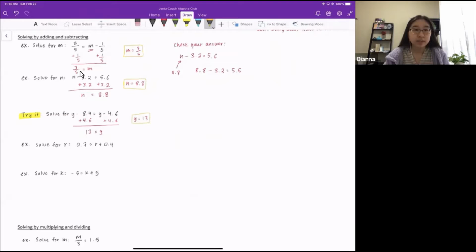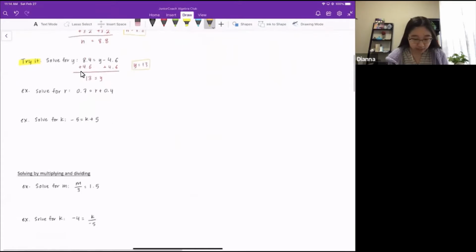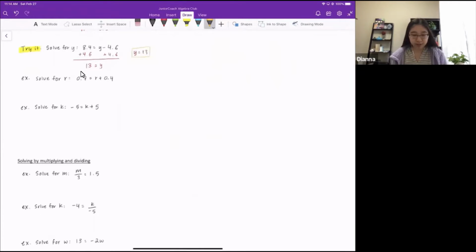All right, so let's keep going here. In this case, now we're going to go into a bit of subtraction. So I'm going to solve for r. So 0.7 equals r plus 0.4. So what I'm going to do this time, right? Remember, whatever I do to one side, I have to do to the other. So in this case, if I want to get r by itself, I want to get rid of this 0.4 next to it because it's in the way.